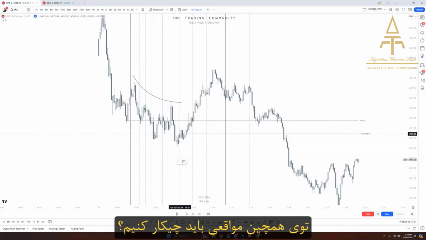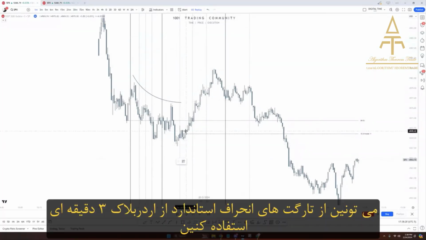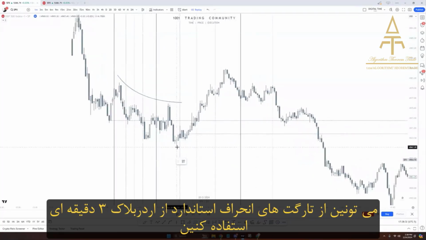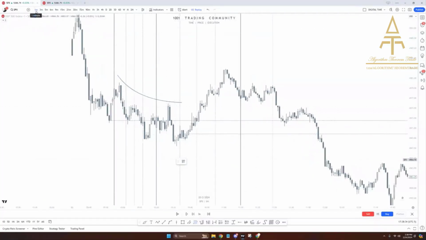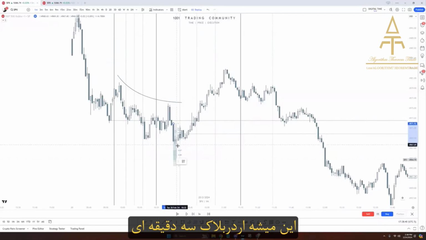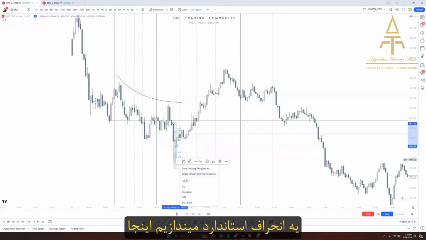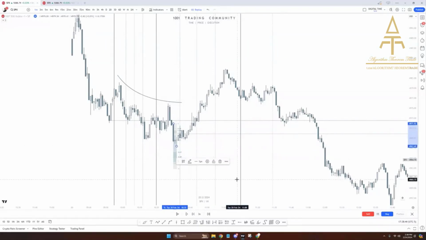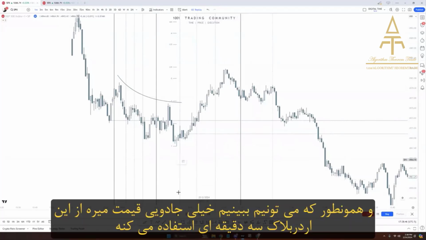So what can you do in a situation? You can use standard deviation targets of a 3-minute order block. So we are on the 1-minute chart. Candle count, 1, 2, 3 off this low, 1, 2, 3. That's your 3-minute order block. Do a standard deviation there. And as we can see, magically, price is using that 3-minute order block.